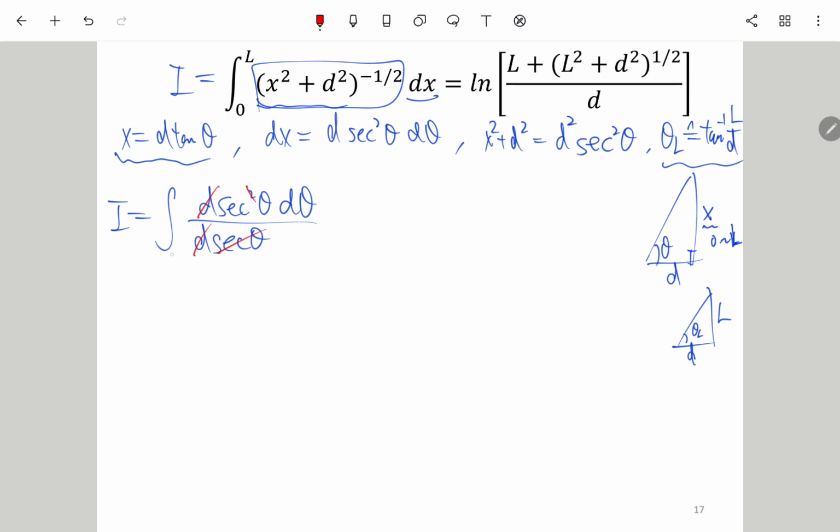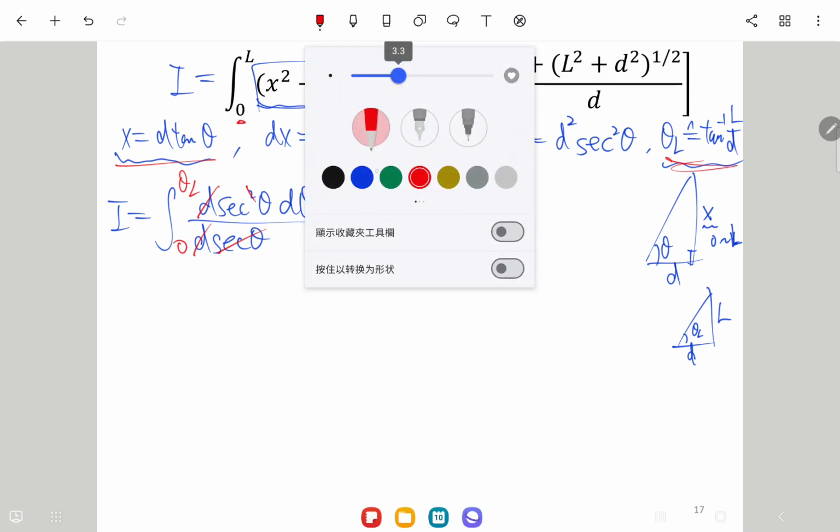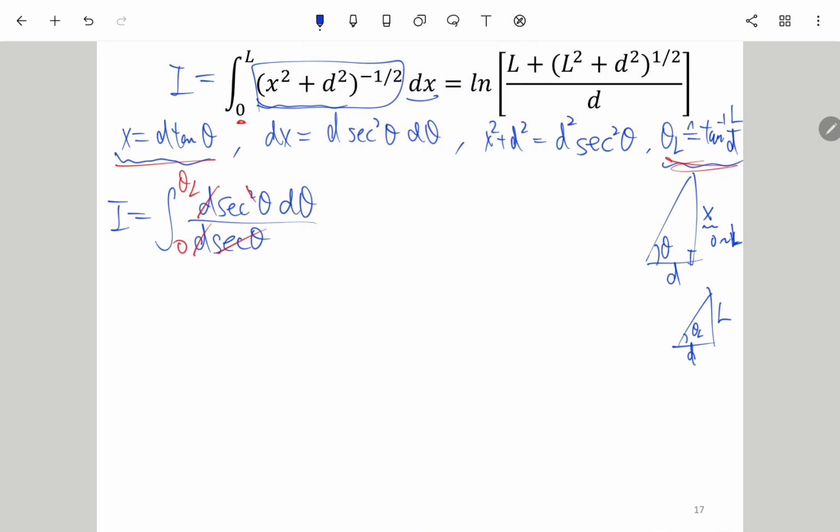The lower and upper bound will be 0 to theta L, because if you put in 0 here, theta will be 0, and if you put in L there, it will be this definition. So what remains is only the secant theta d theta from 0 to theta L.